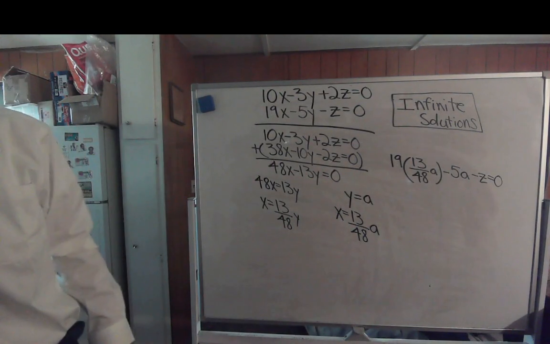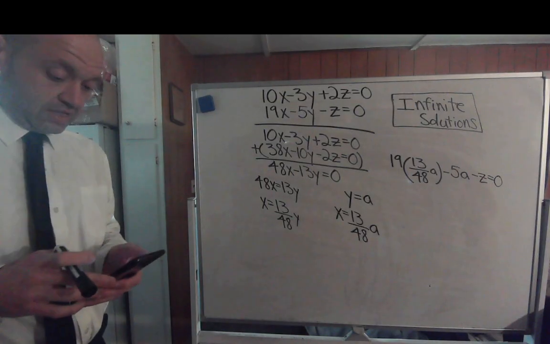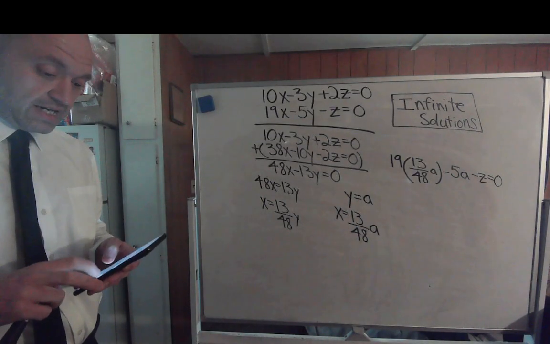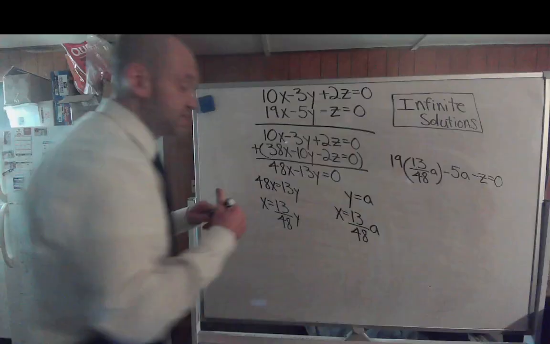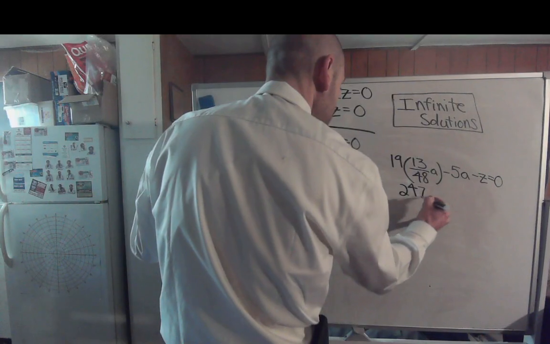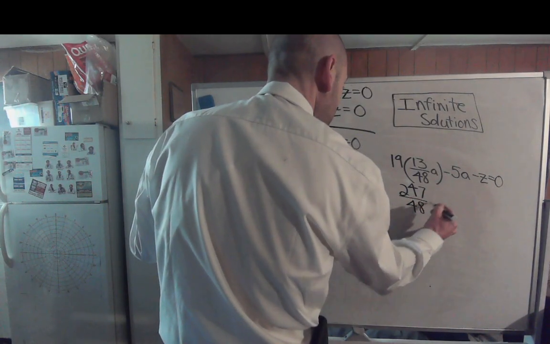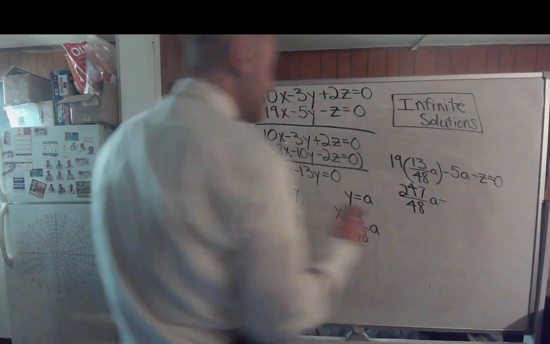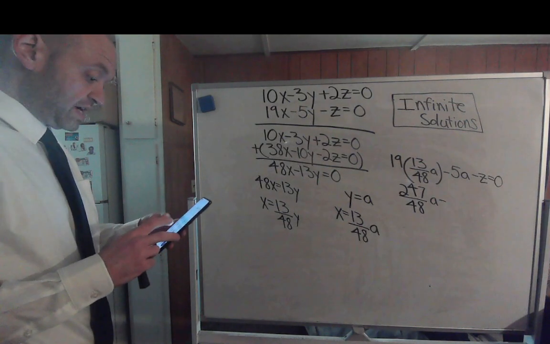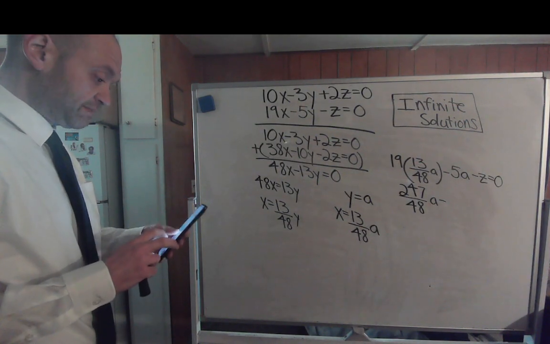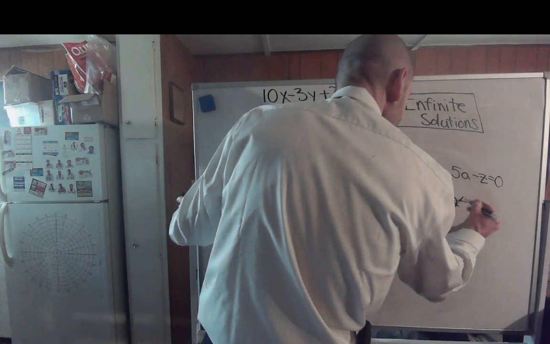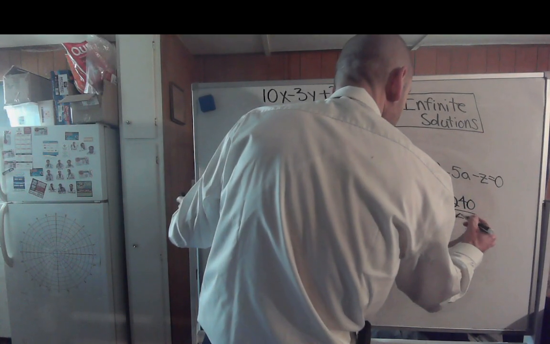Now, this is where it's going to get fun. What is 19 times 13? That's 247. So 247 over 48a minus, okay, what is 5 in terms of 48? 5 times 48, that's 240, minus 240 over 48.